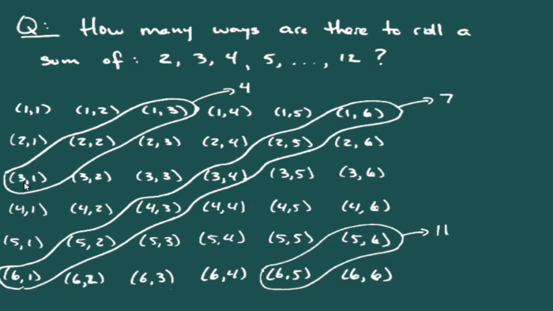If we look at this diagonal, a 3 and a 1, a 2 and a 2, a 1 and a 3, all of those give us a possibility of rolling a 4. A 6 and a 1, a 5 and a 2, 4 and 3, 3 and 4, 2 and 5, 1 and 6 gives us the possibility of rolling a 7. And just like that, a 6 and a 5 and a 5 and a 6 are the only ways that we can roll an 11.